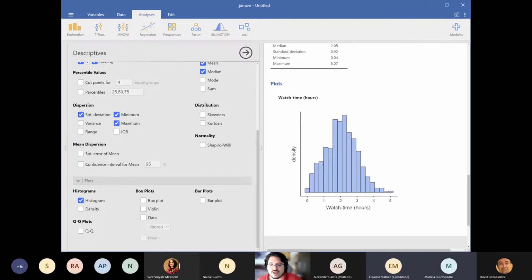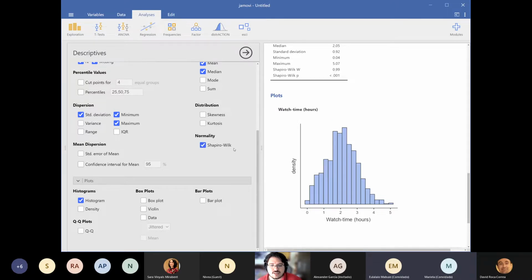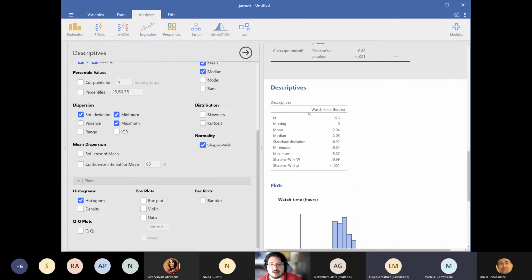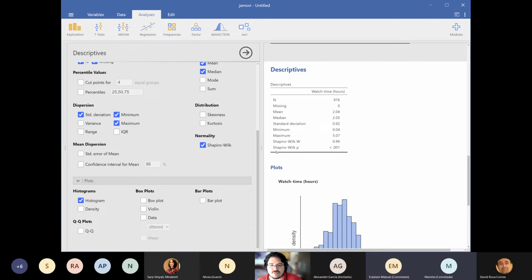The way of assessing if a data set is normal or not is the normality test. It's called the Shapiro-Wilk test. Here is the result of the Shapiro-Wilk.